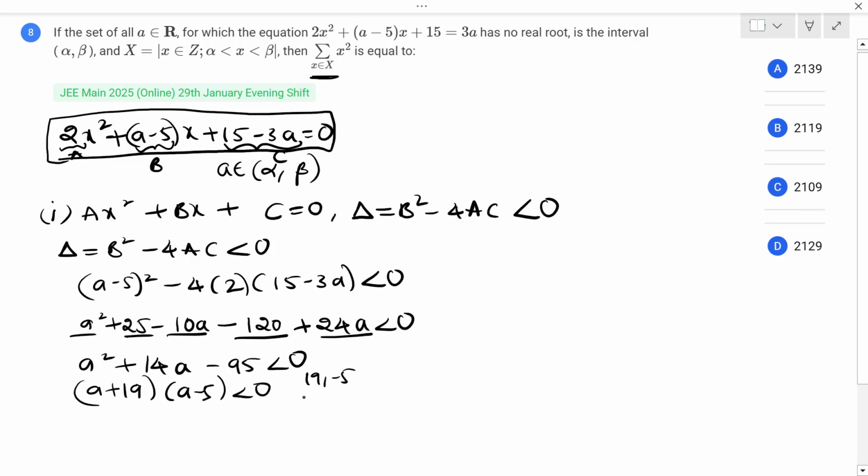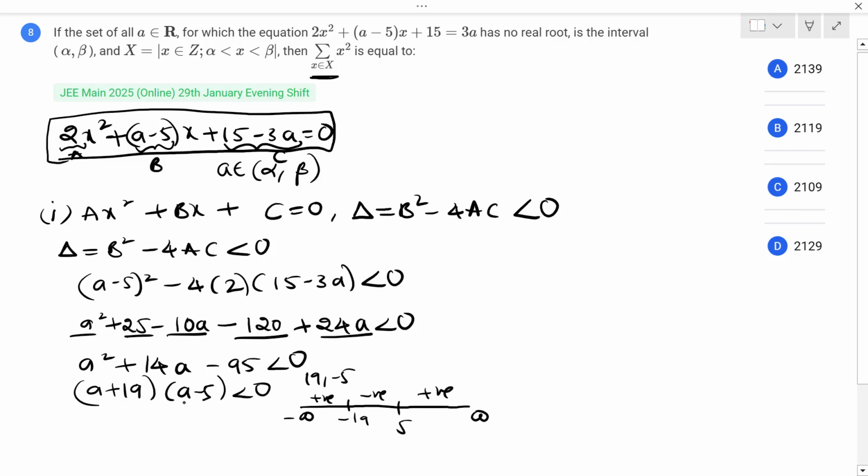If you don't know the inequality, make sure you learn and master it first. If you remember the quadratic inequality, on the line from minus infinity to infinity, the smaller root is −19 and the bigger root is 5. The rightmost is positive, next negative, and then positive, and also make sure the coefficient of a is positive, 1 here.